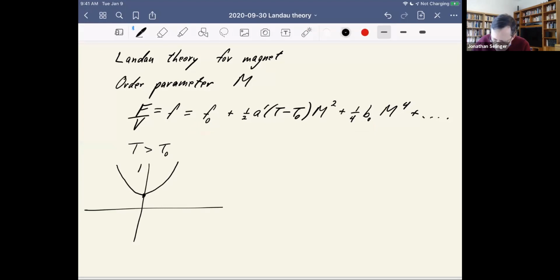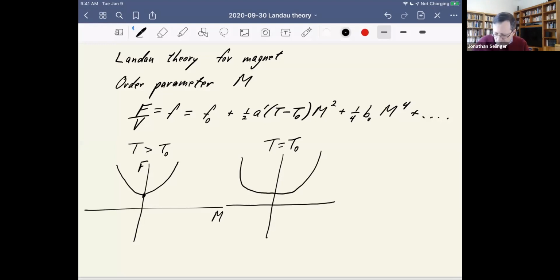So this is the free energy as a function of m. And at t equals t0, we get that the free energy is some really flat fourth order minimum, like this. Okay, this is free energy as a function of m.